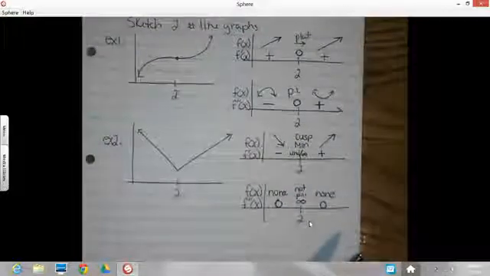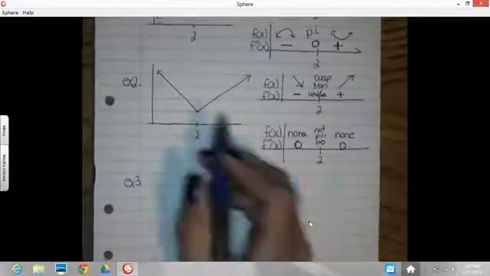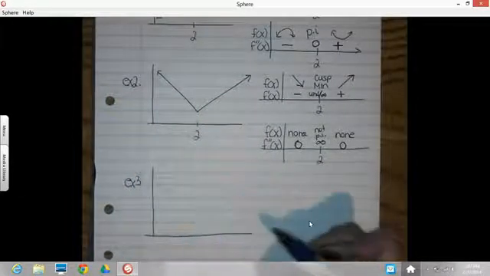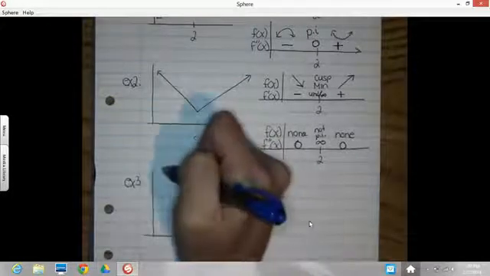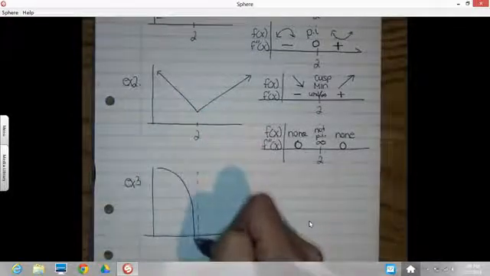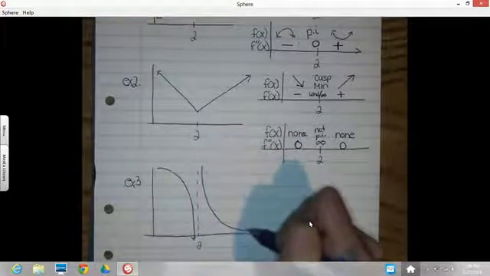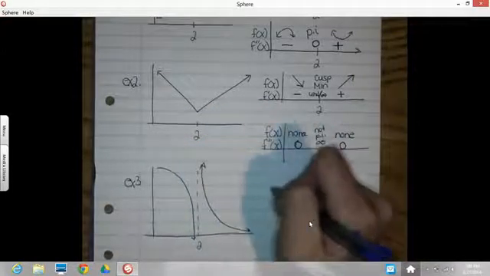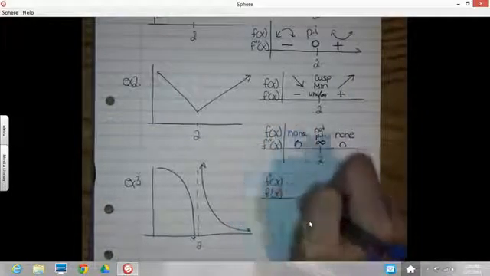All right, number 3. Try to get all the goofy stuff out of the way here so you don't get stuck on the homework. Okay, we're going to have a vertical asymptote at 2. Okay, f of x, f prime of x, 2.